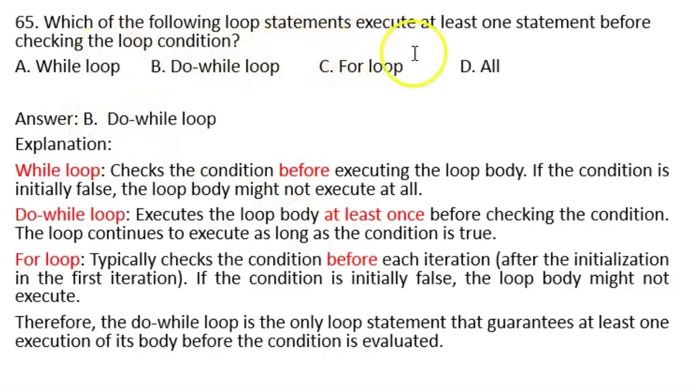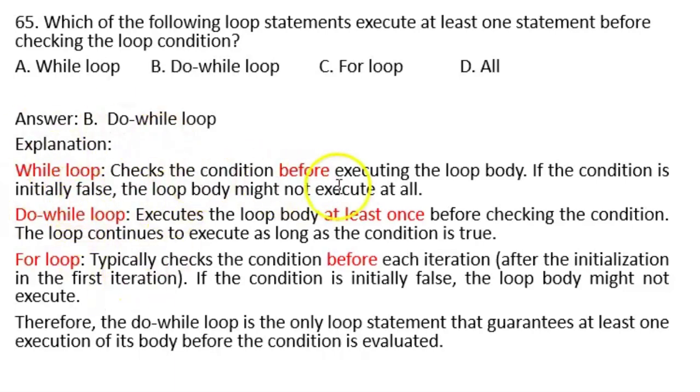Question 65. Which of the following loop statements executes at least one statement before checking the loop condition? The options are while loop, do while loop, for loop, all. The answer is do while loop.